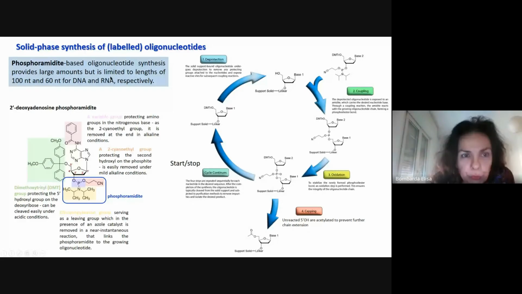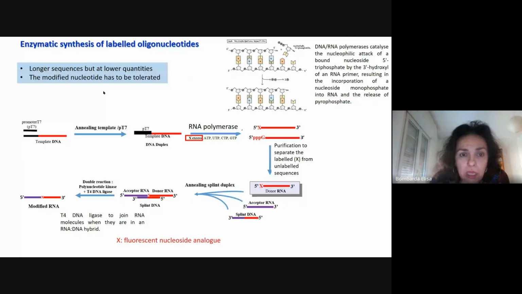So this is very good, but it's a method that is limited to a length of 100 nucleobases. 160 actually, even for RNA. For longer sequences, there exists the enzymatic synthesis of labeled oligonucleotides.